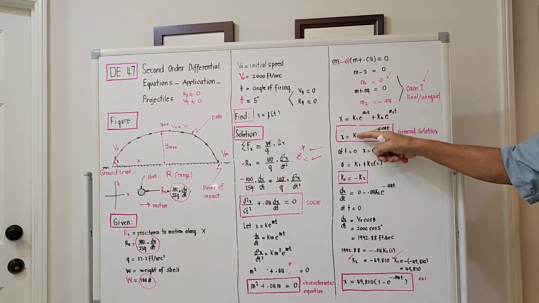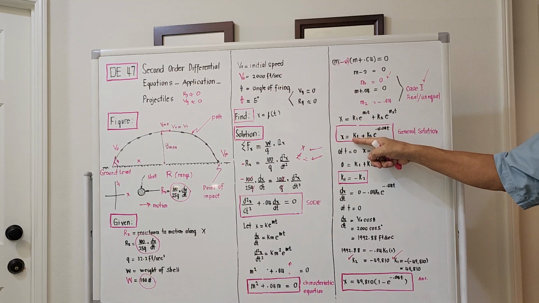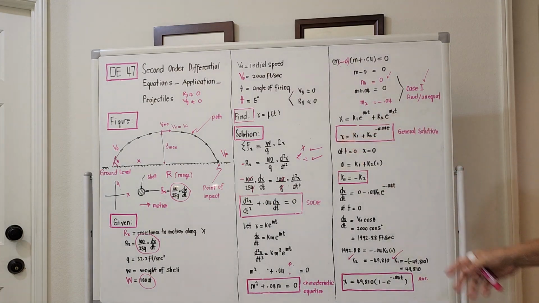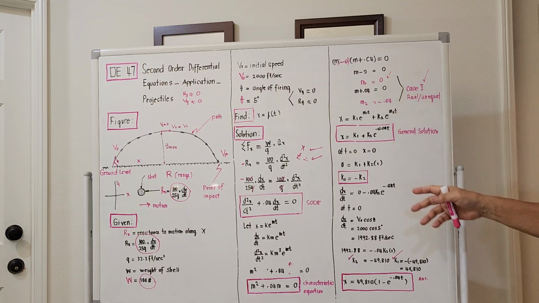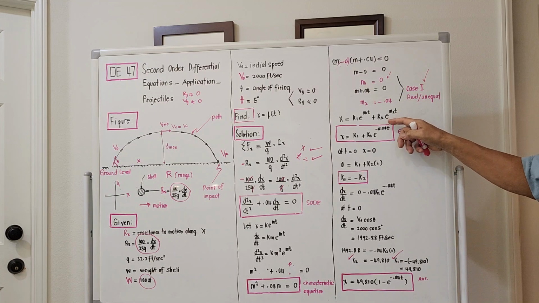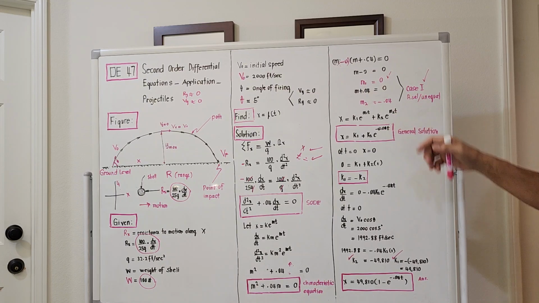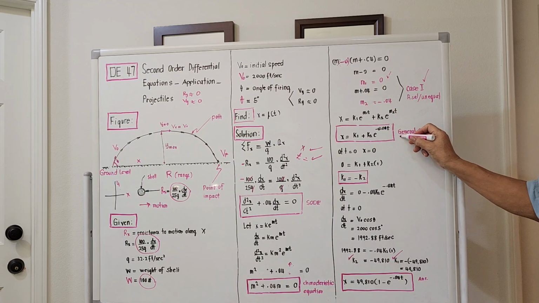So k1 times 1, the multiplier is just 1, or simply k1. The second part, since we have a value for m2, this should now be k2 e raised to m2t, negative 0.04 times time. This is now our general solution.